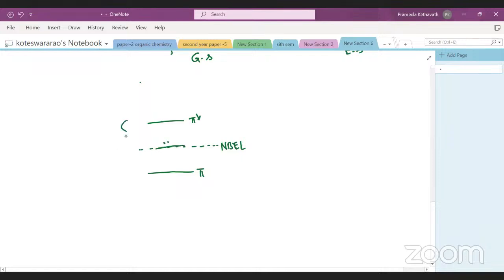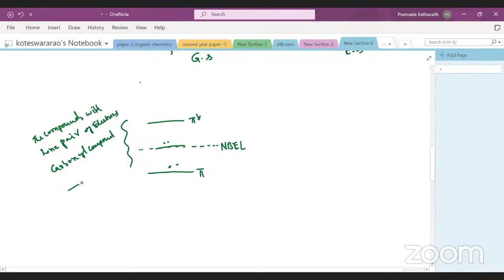These transitions are shown by the compounds with lone pair of electrons. What kind of compounds are those? Suppose you take carbonyl compounds. Generally this kind of transition is seen in carbonyl compounds.